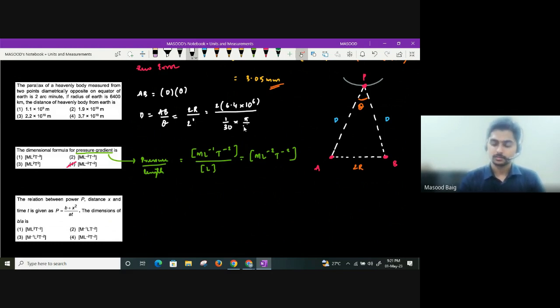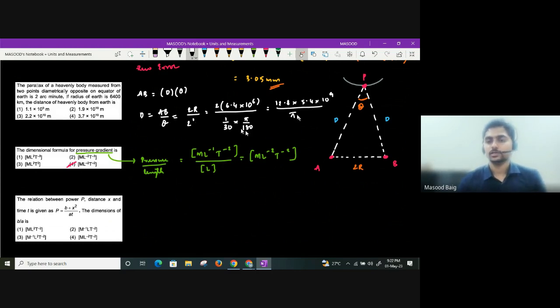So here I will get 12.8 into 10 power 6, then into 5400, that is 5.4 into 10 cube, which becomes 10 power 9, divided by pi.